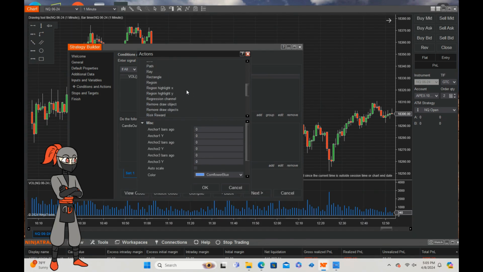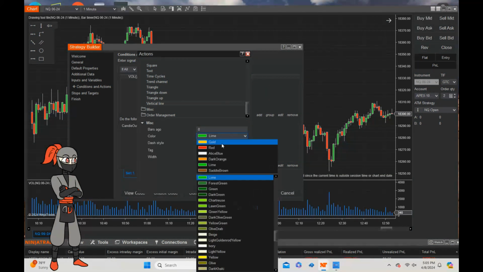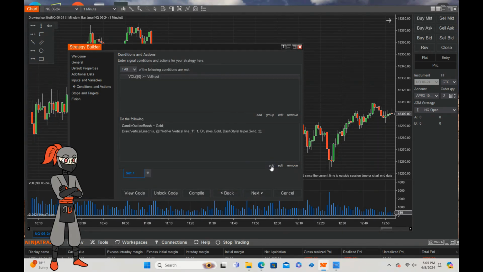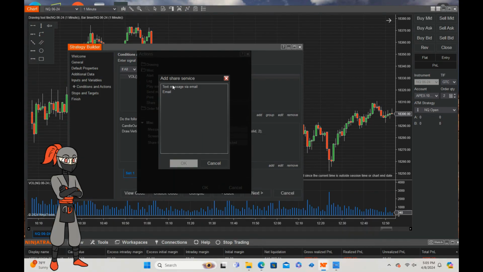So I'll highlight that bar, and we can actually go ahead and set up a vertical line as well, something that's going to stand out. We'll put it for one bar ago, that way if you need to see the primary bar that presented itself, you're not going to block it with a bar or with a line.